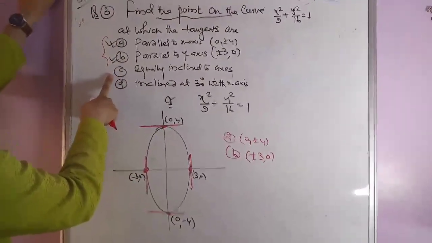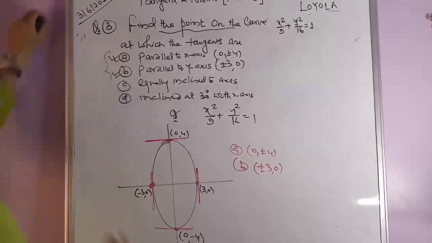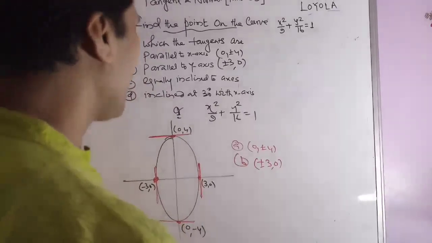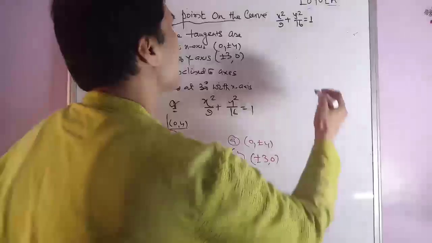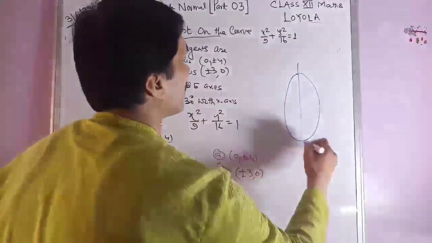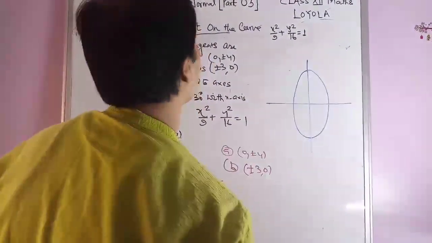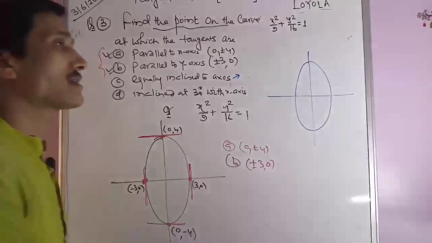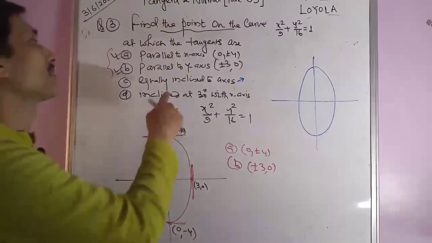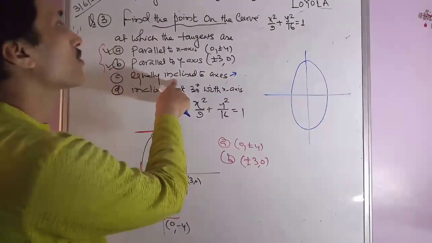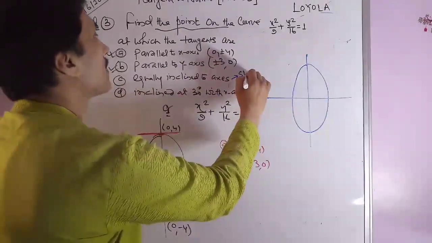Here the third part is equally inclined to axis. Equally inclined to axis, we discussed in first class. Line equally inclined with axis has slope plus minus 1.